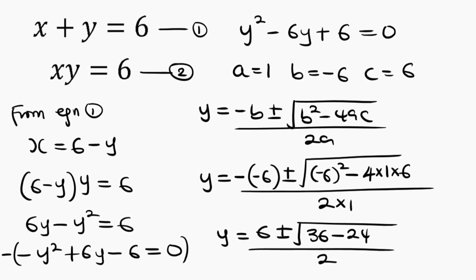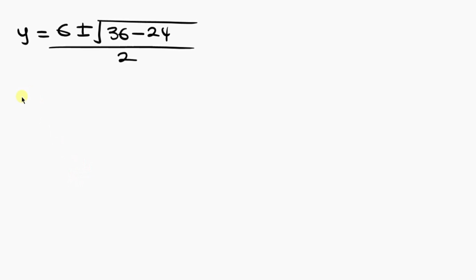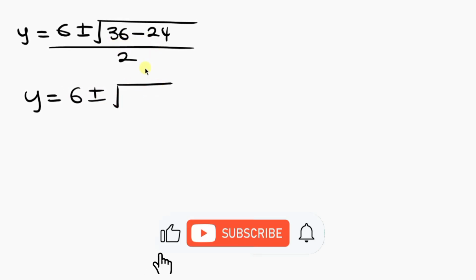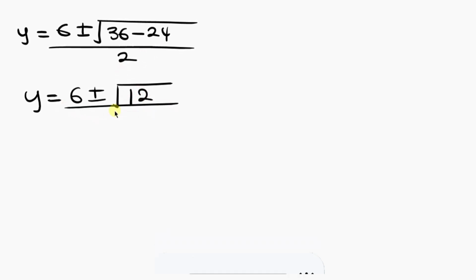Very good. We're getting closer to our answer. So now let's move forward. So we have y to be equal to 6 plus or minus the square root of, now 36 minus 24 is going to give you 12. Are you seeing that? So divide by 2.